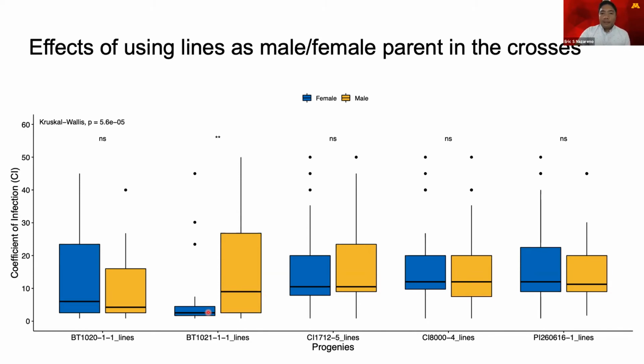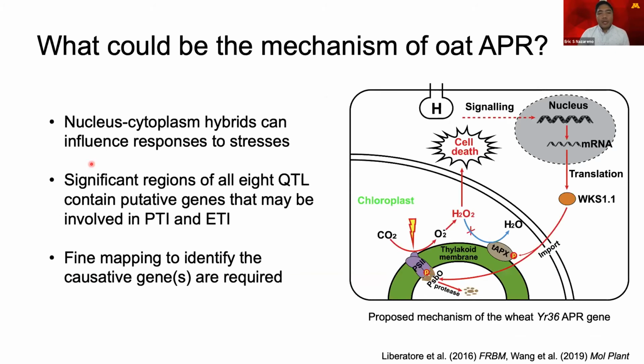But it is interesting because in wheat, there's a gene called YR36, which I mentioned in the introduction. Upon signaling, that gene gets transcribed and translated, and the product goes into the chloroplast, and it induces a series of phosphorylation events, and that causes cell death.